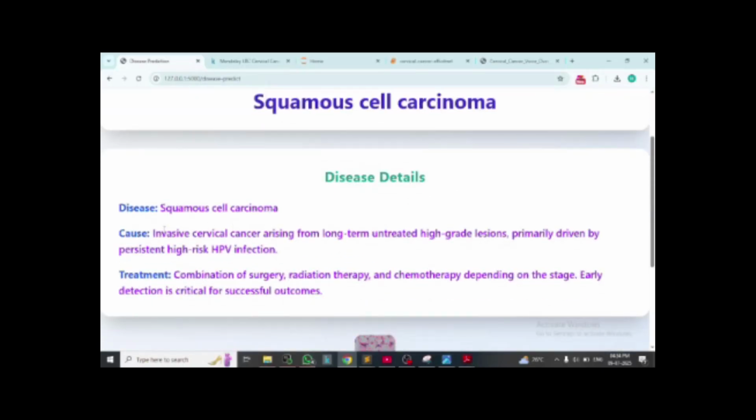This is the disease name. The cause for this is invasive cervical cancer arising from long-term untreated high-grade lesions, primarily driven by persistent high-risk HPV infection. Treatment for this is a combination of surgery, radiation therapy, and chemotherapy, depending on the stage. Early detection is critical for successful outcomes.